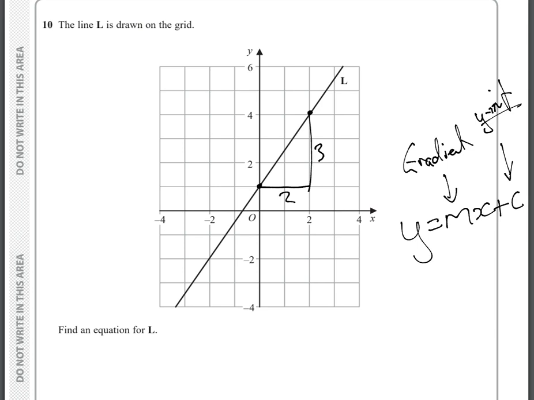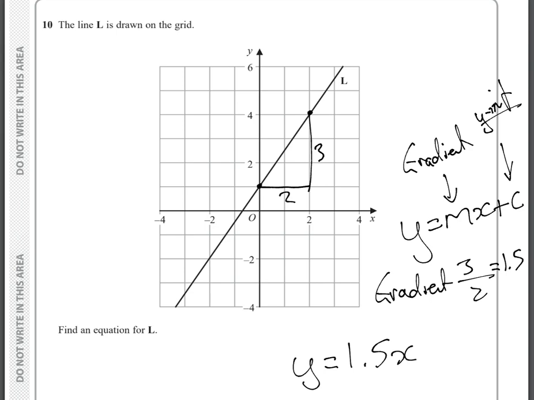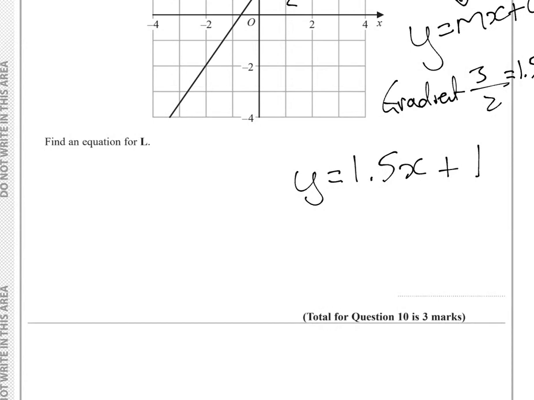So the gradient is 3 over 2, 1.5. And then the c is where it crosses the y-axis, which is at 1. So very simply, y equals 1.5x plus 1, or y equals 3 over 2 x plus 1. Either of those are legitimate.